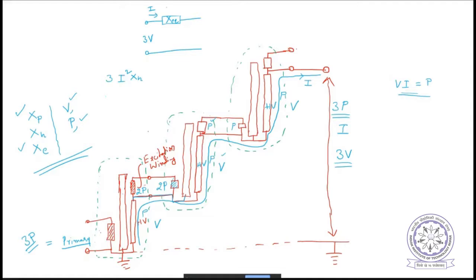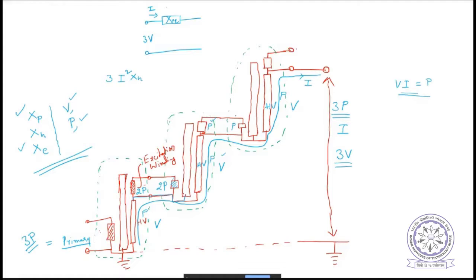Am I correct? So at a base voltage V and base power P, here in this portion XP is the reactance, in this portion XE is the reactance. So at a base voltage V, if current I flows, then I square XE is the reactive power, or I square XP is the reactive power in this.